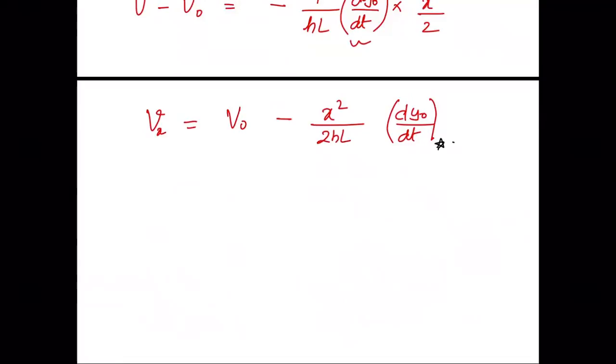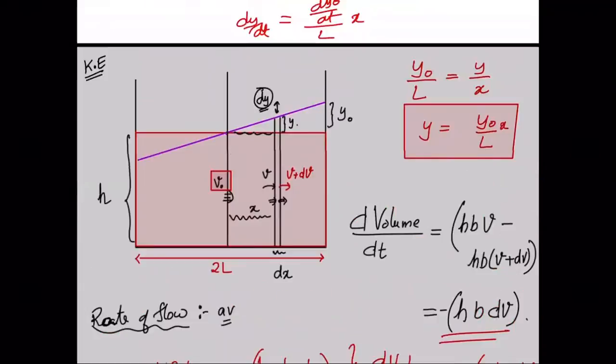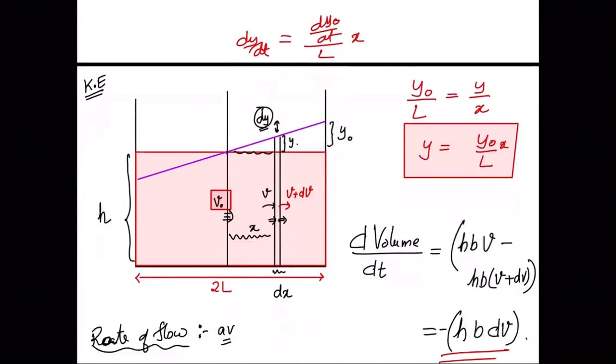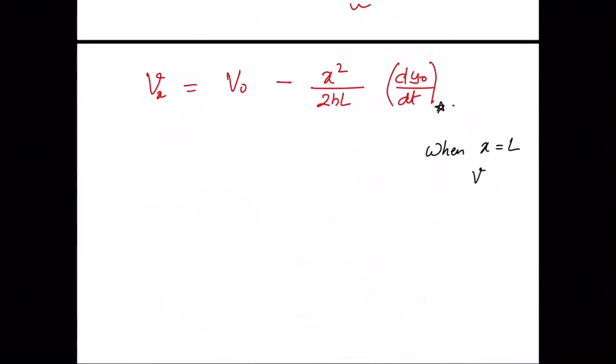That is simple. When x is equal to 0, my V is V naught, right? What about when x is equal to L, at the edge layer? At the end of this particular term, what will be the speed of the particles? That will obviously be 0. When x is equal to L, what will be the value of V? It will be 0. So put 0, equal to v naught minus L square by 2h into L. That will give me L upon 2h, right? L square, one L cancels, into dy naught by dt.